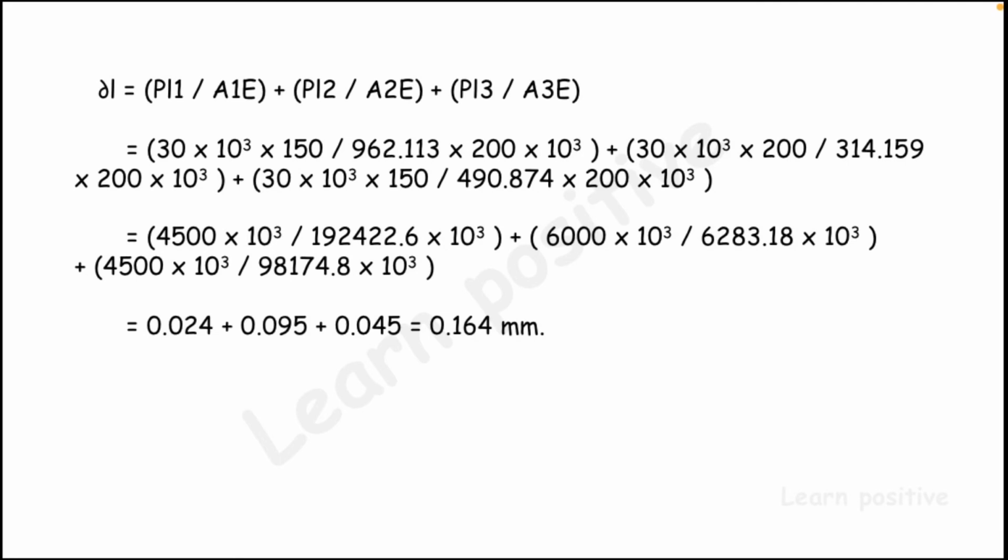So we get the answer is 0.024 plus 0.095 plus 0.045. This is the value of change in length 1 and change in length 2 and change in length 3. Now we are going to sum all the change in lengths. We get 0.164. This is the total change in length.